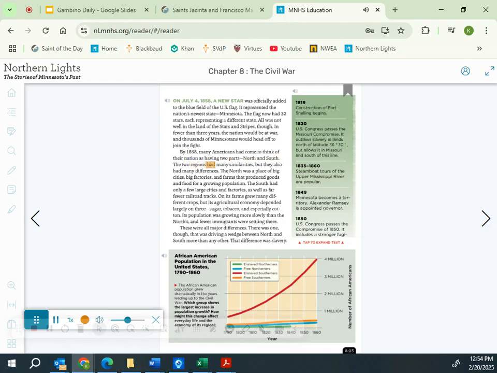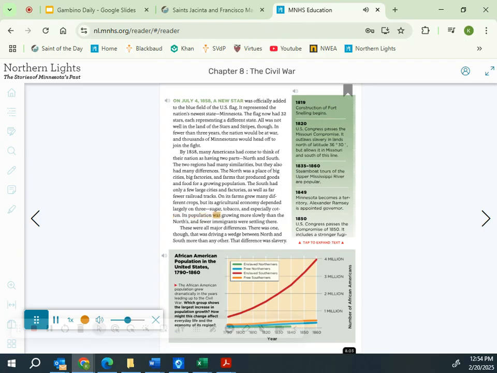The two regions had many similarities, but they also had many differences. The North was a place of big cities, big factories, and farms that produced goods and food for a growing population. The South had only a few large cities and factories, as well as far fewer railroad tracks. On its farms grew many different crops, but its agricultural economy depended largely on three: sugar, tobacco, and especially cotton.